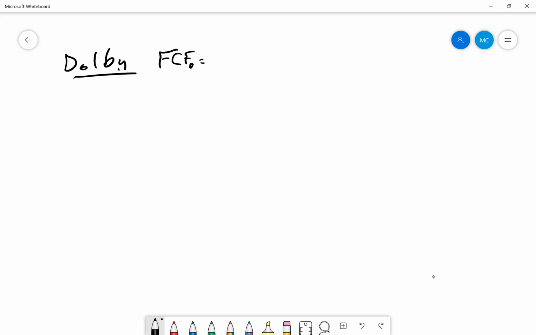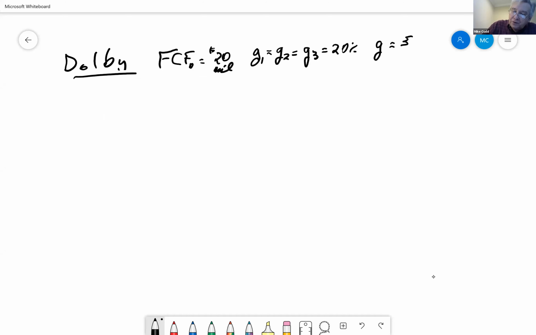Correct. It's expected to grow at a 20% rate for 3 years, and then settle into a growth rate of 5% thereafter.